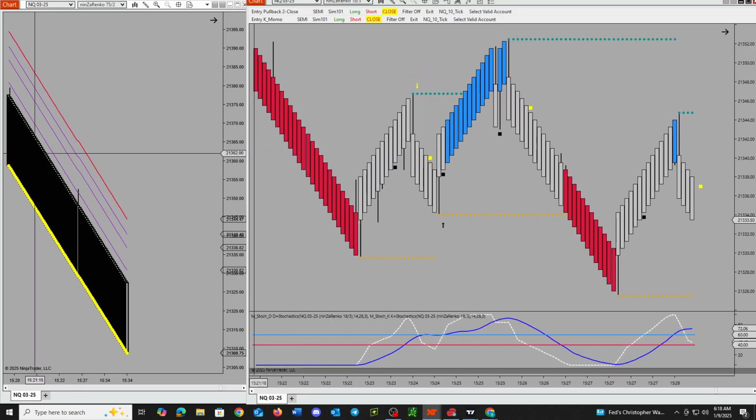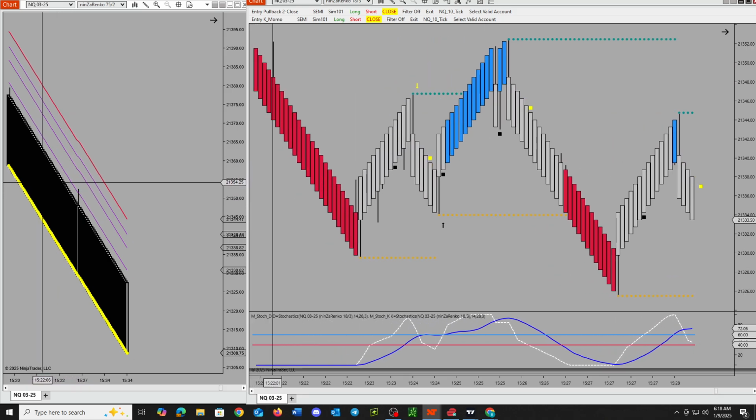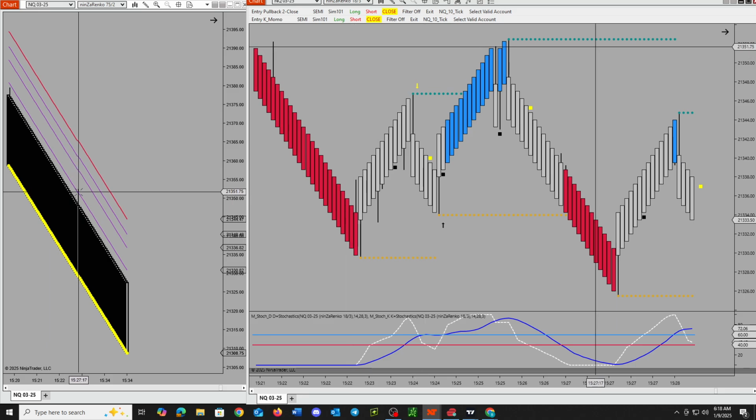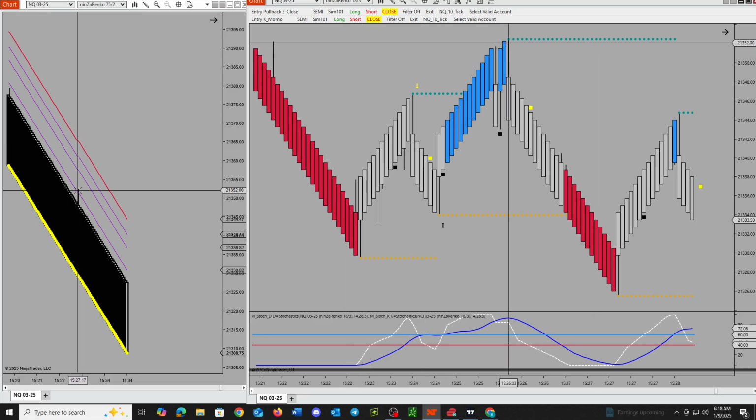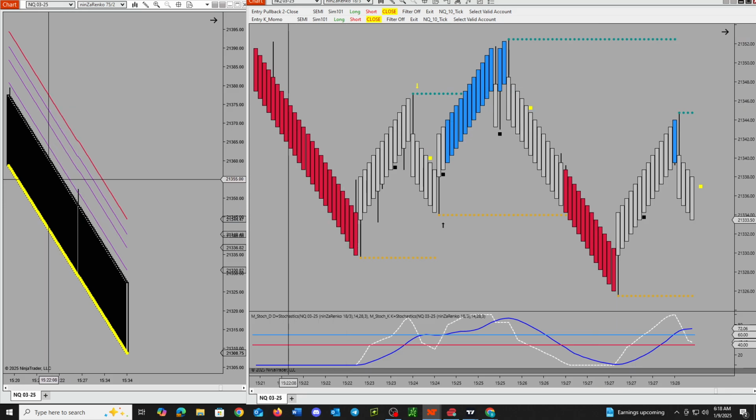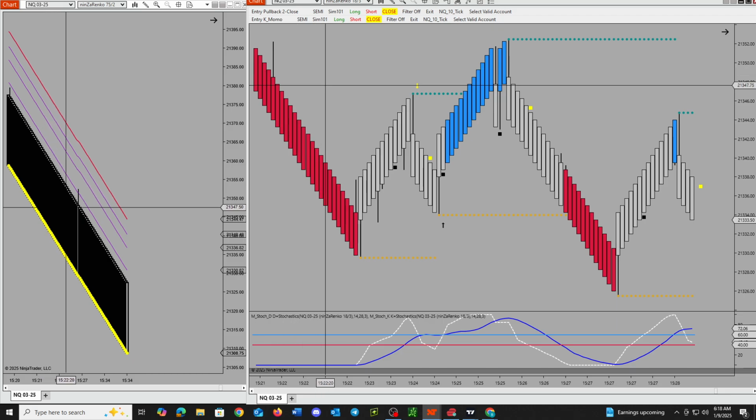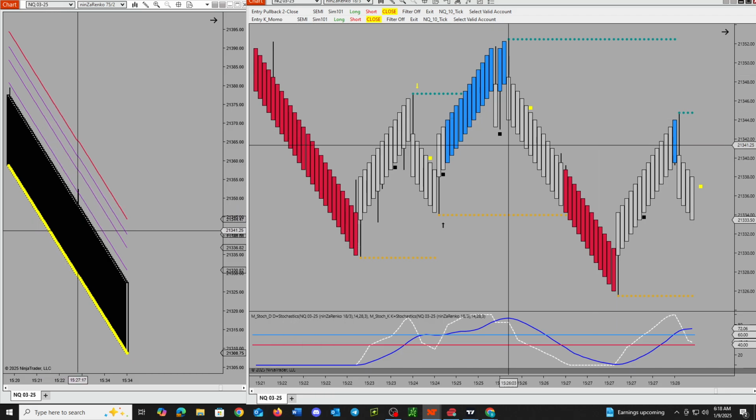All right, so price is coming down on the higher time frame. If I'm just focusing on this strategy, now I want you to separate these concepts as I go through this. So I'm just talking about one concept right now. All right, so price is coming down, coming down, coming down. We get to this bar.